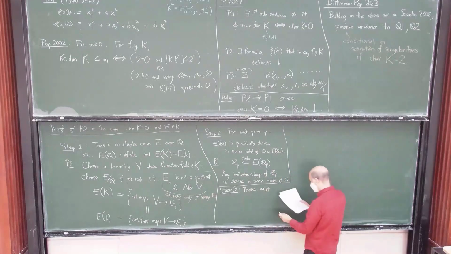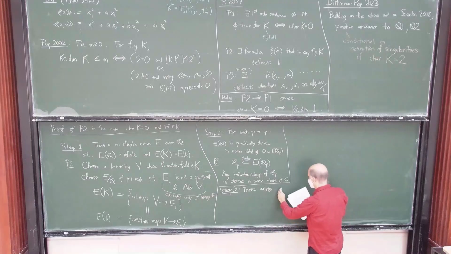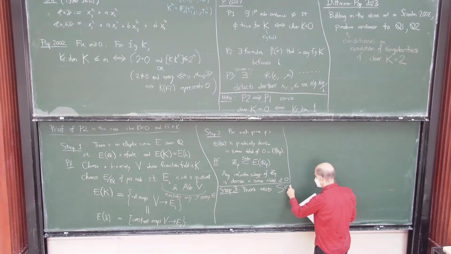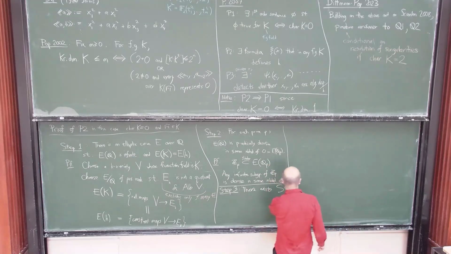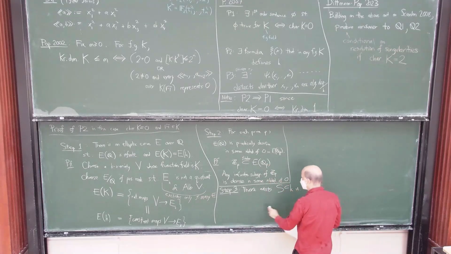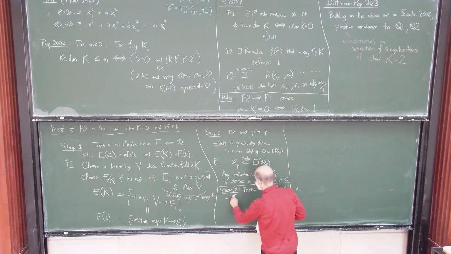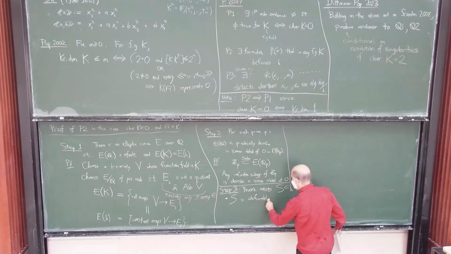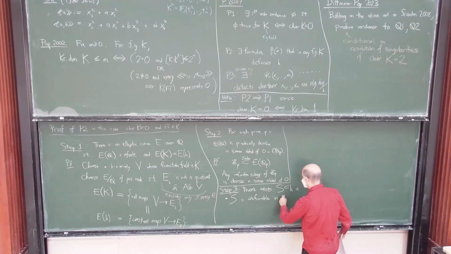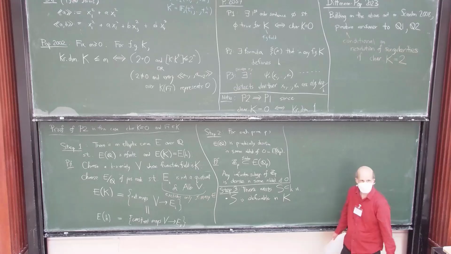Okay, so now I want to prove that there exists a subset of the constant field such that, first of all, I want it to be definable in the first order arithmetic of the big field.